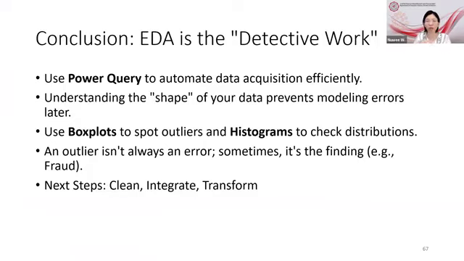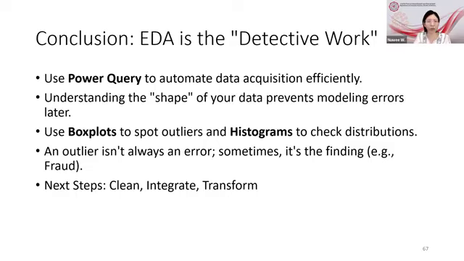After that, we used EDA as our detective to understand the shape of our data. We used box plots and histograms to detect outliers or check distribution. An outlier isn't always an error. Sometimes it's just a finding.